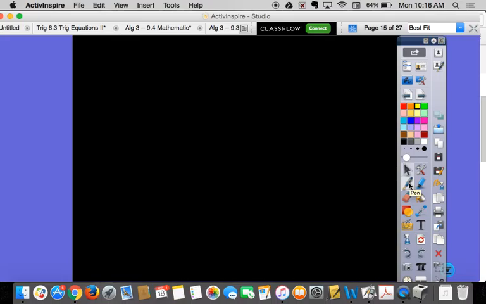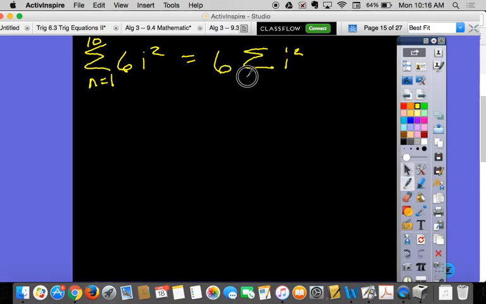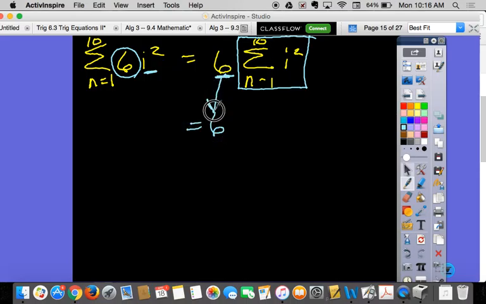If I did 6 times the sum of I squared, but we're doing the sum of when n is 1 to 10. What that is is 6, and then you're going to copy down this part. So basically, your coefficient can be pulled up front. And then you apply your summation to your variable here, and you're going to get your formula that you need. You just hang on to your coefficient.